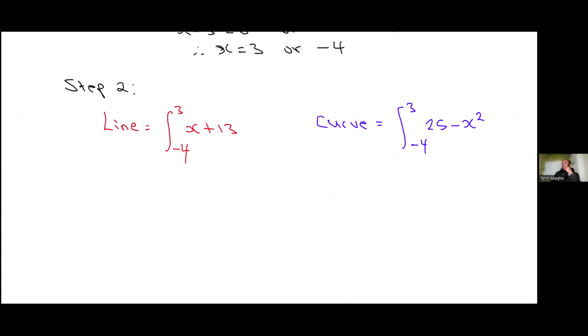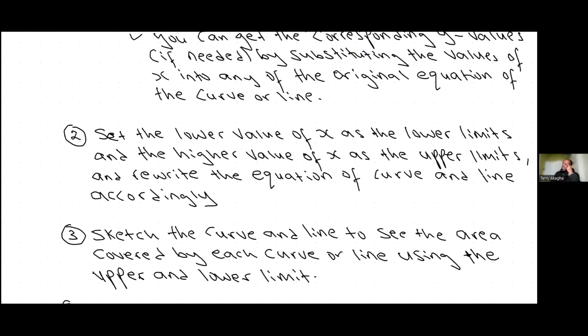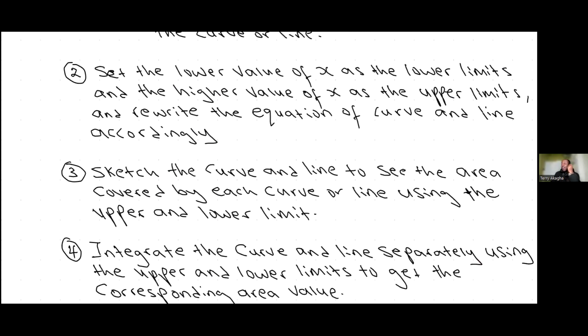Now let's go to step 3. What does step 3 say? We are meant to sketch the curve and the line to see the area covered by each of them. We have to sketch each of them to see where the area is covered. So let's go back.